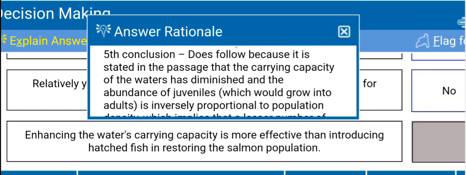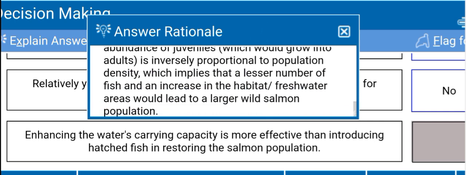It does follow because it is stated in the passage that the carrying capacity of the waters has diminished and the abundance of juveniles is inversely proportional to population density, which implies that a lesser number of fish and an increase in the habitat of freshwater areas would lead to a larger wild salmon population.